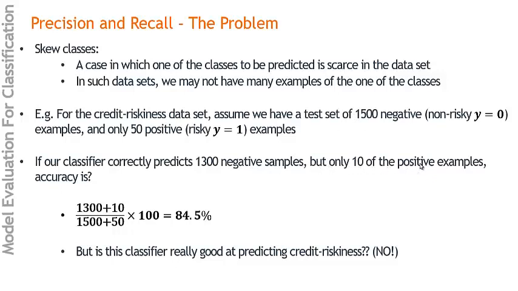So what's the accuracy? Well, the total number of correct determinations is 1,300 plus 10. The total number of instances is 1,500 plus 50. So you've actually correctly predicted 84.5%, but you've only really predicted 10 out of 50 or 20% of the risky cases, right?